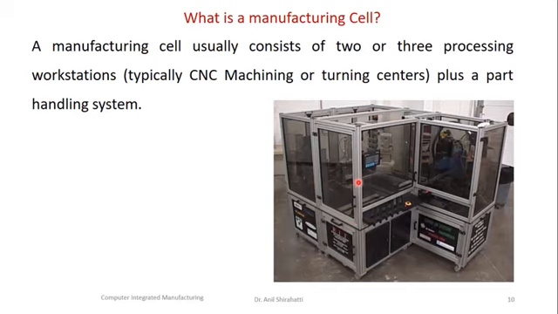Everything is automated. For the first workpiece, the raw product goes to, let's say, the turning operation, then it is unloaded by a robot or any automatic system, then loaded into the vertical milling machine, and then the final product is produced. In this one complete process, everything is fully automated.